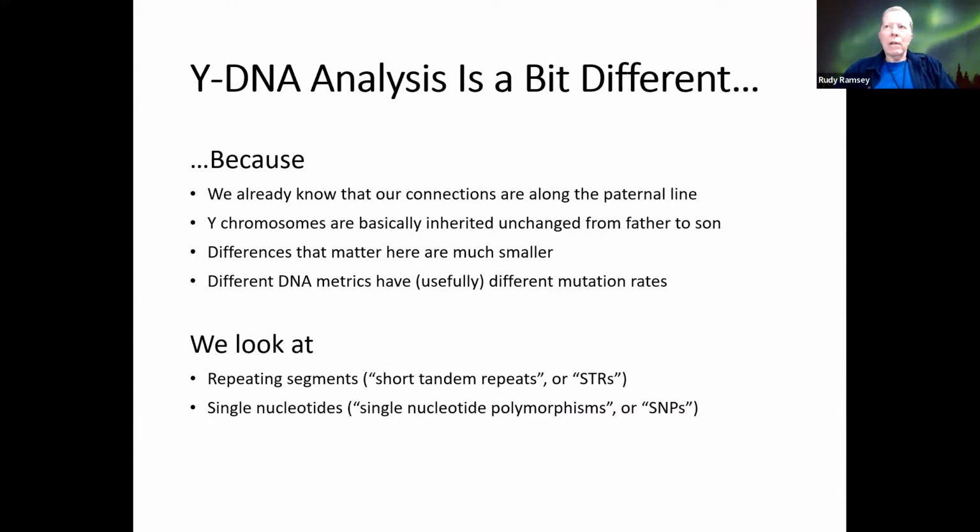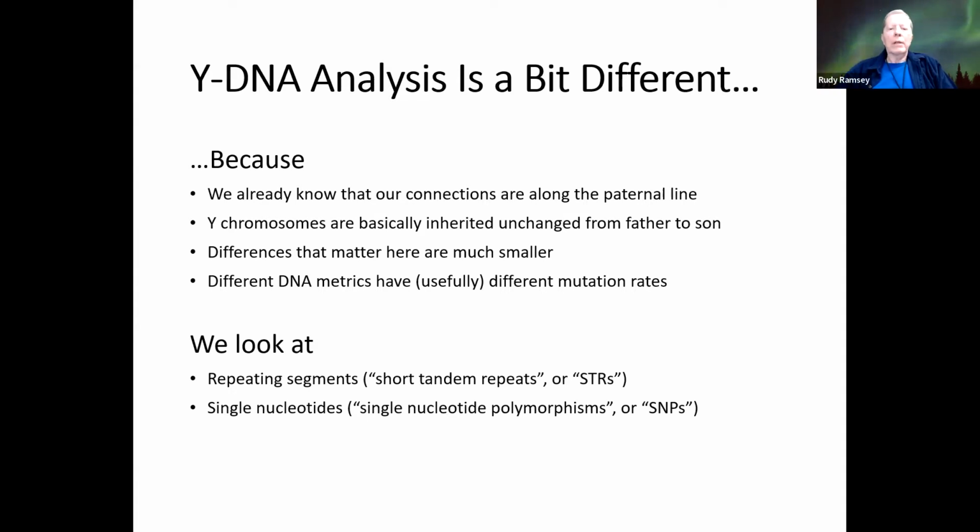Y-DNA is different, in part because we know our connections are along the paternal line, because we know that, to a first approximation, Y chromosomes are inherited without change from father to son. They do change, or we wouldn't be able to use the technique, but they mostly don't. For these reasons, the differences that are meaningful to us are much smaller.